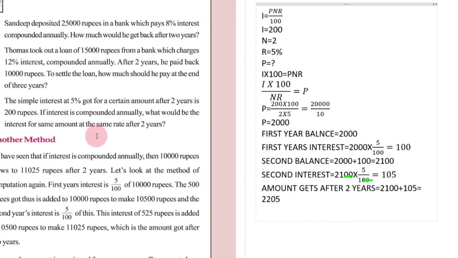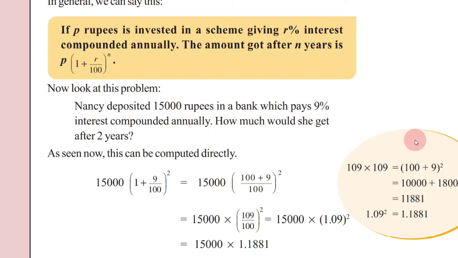So when the interest is compounded annually, the interest for the same amount 2,000 is 205 rupees. If we calculate compound interest this way, we have a lot of steps to find the compound interest and the amount, right?